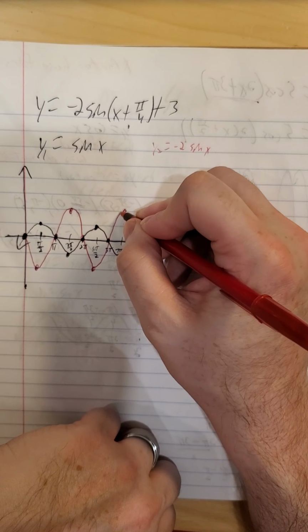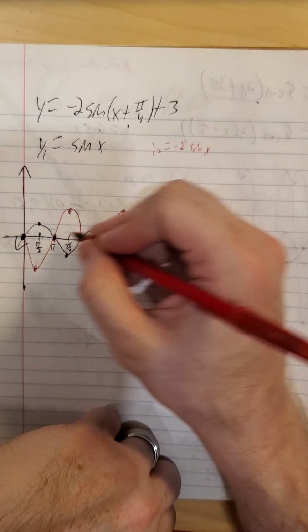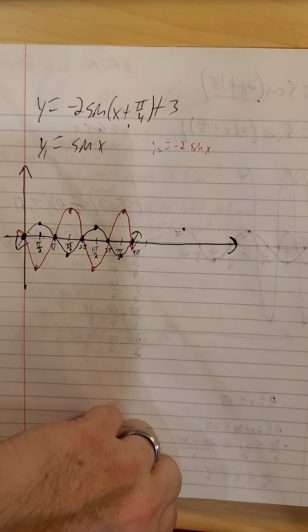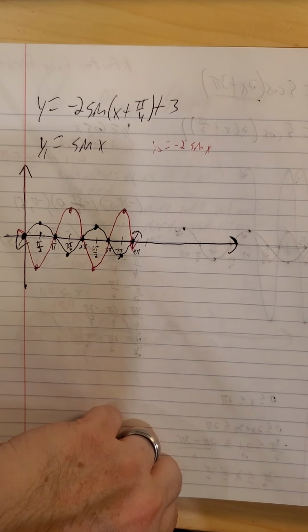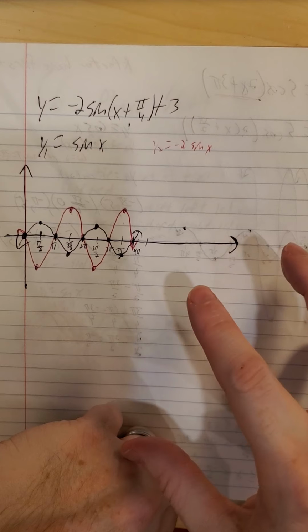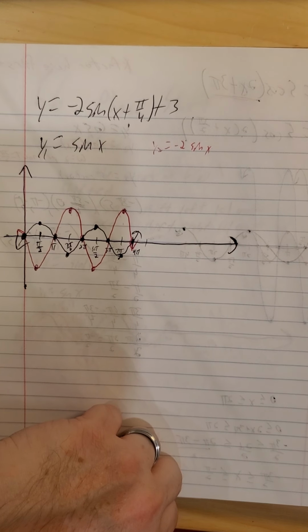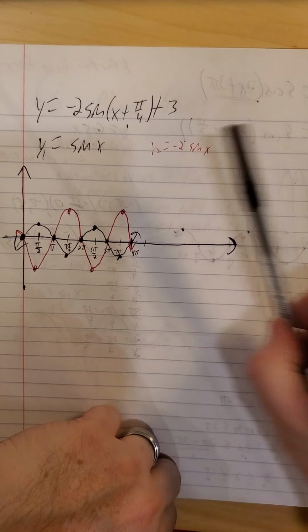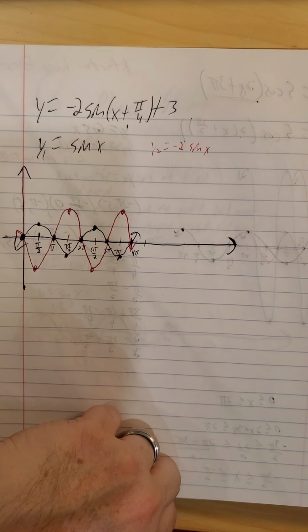So a vertical stretch, otherwise nothing super big on the change here. And since we don't have any horizontal stretching or compressing to worry about, I can just take care of the shifting last.